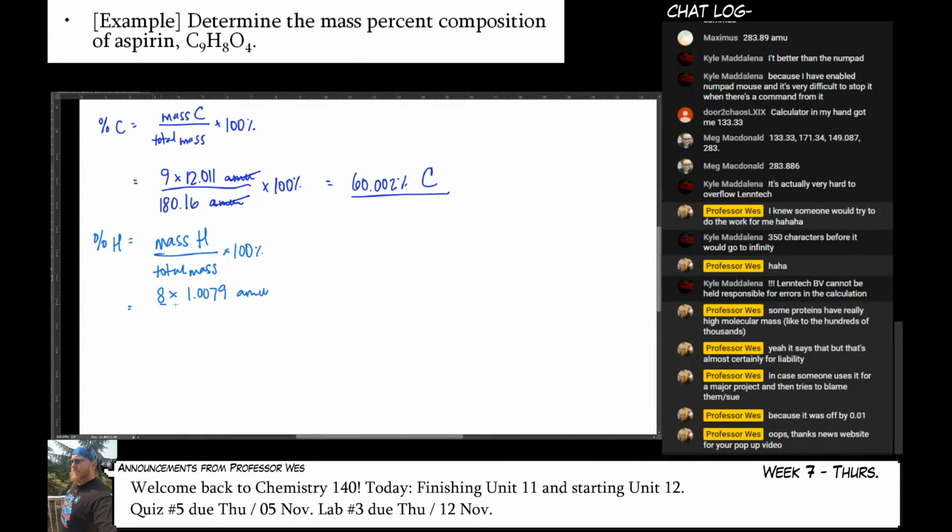Again, those masses are just off the periodic table. And then let's look up the total. Oh, I don't have to look up the total mass because it's the exact same as it was before, right? It's still aspirin. When I do this, I got 4.47557.